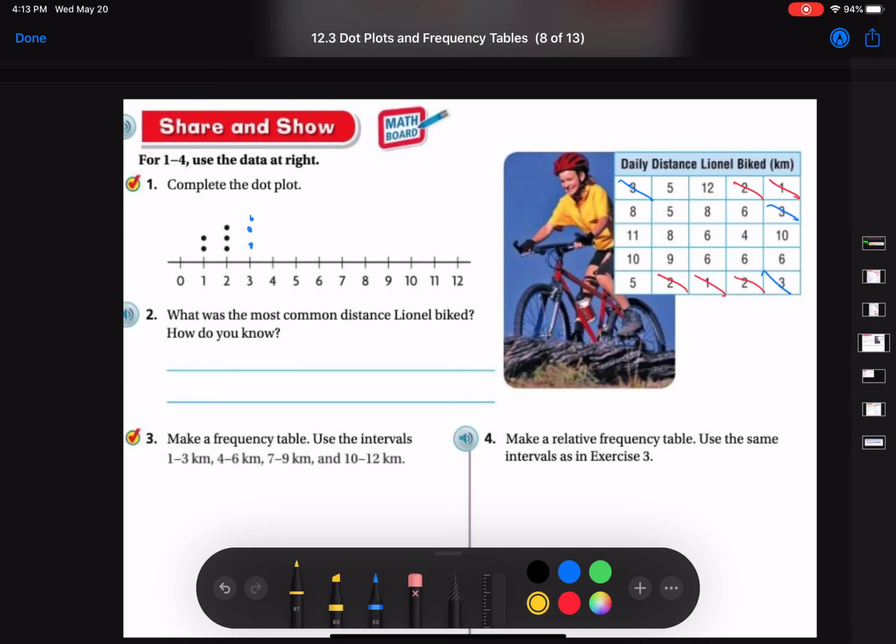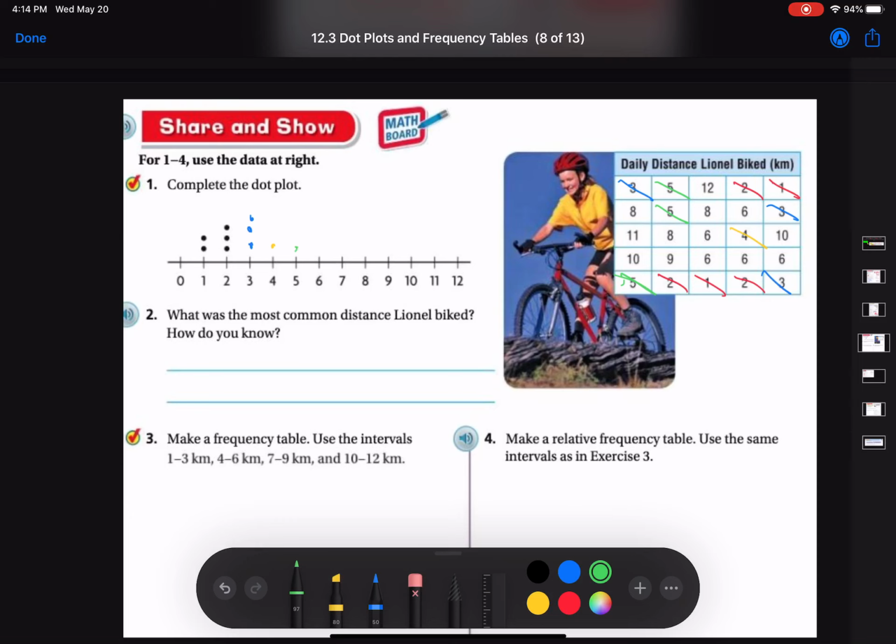Okay. And then any 4s? So anywhere that you see a 4, it looks like there's just 1. Okay, and so you're going to put 1 dot above 4. 5. So there's 1, 2, 3. Looks like 3.